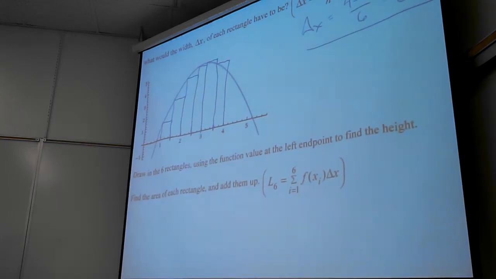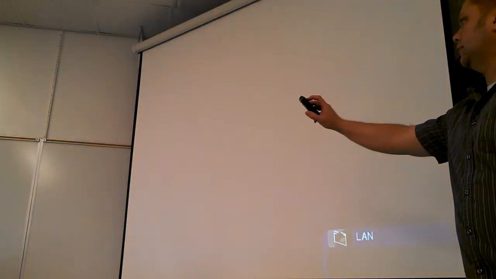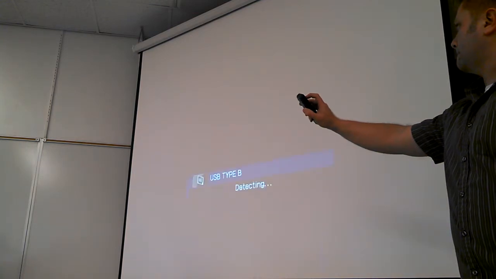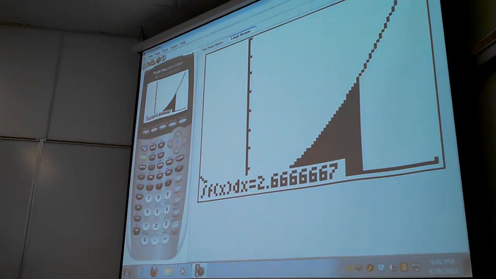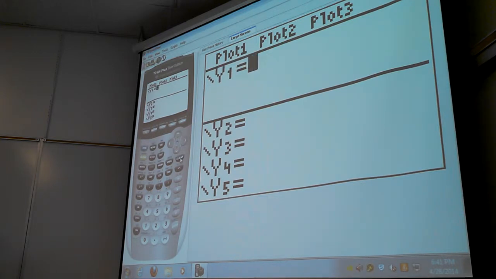Let me show you something else that's kind of cool when you have to do something like this by hand. I don't know if this has come up yet in this class. If you've got to find several values of a function quickly, my function is negative x squared plus 6x minus 4.